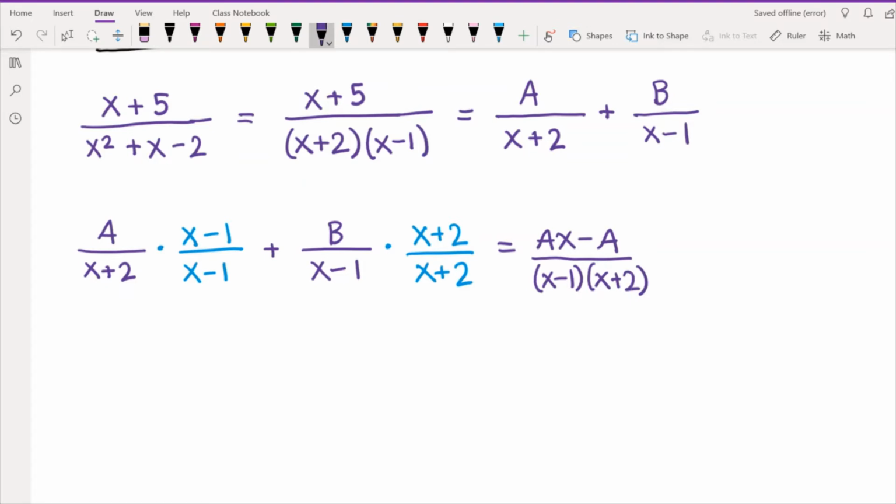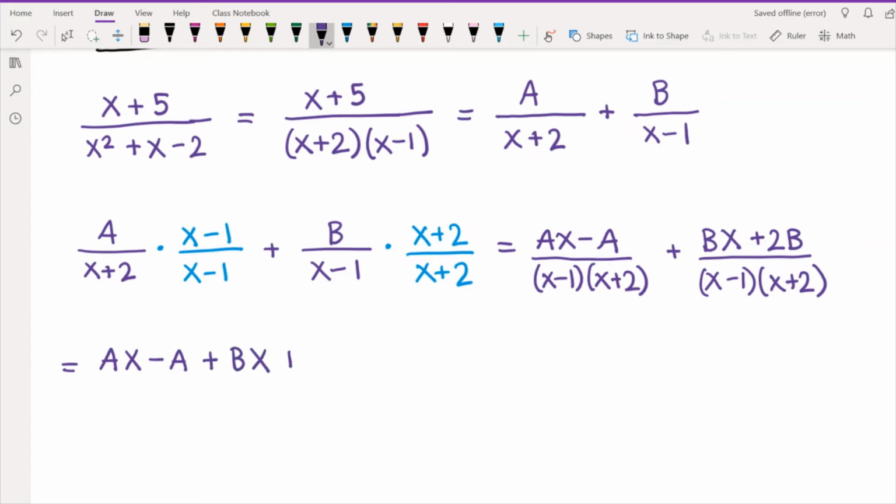And for the second fraction, we're going to get bx plus 2b over x minus 1 times x plus 2. And so now if we put these two fractions together, we get ax minus a plus bx plus 2b, all over x minus 1 times x plus 2.